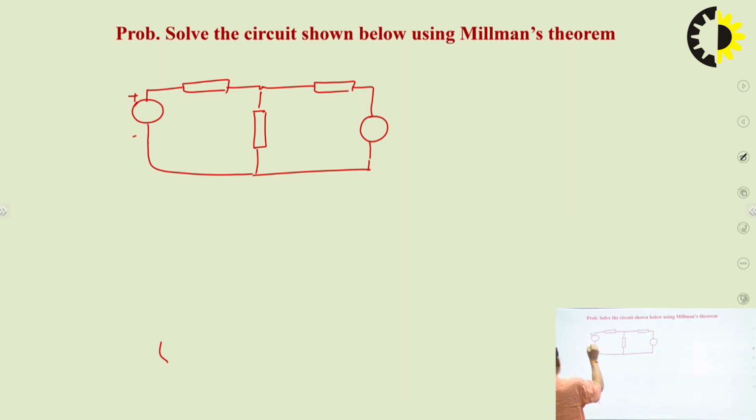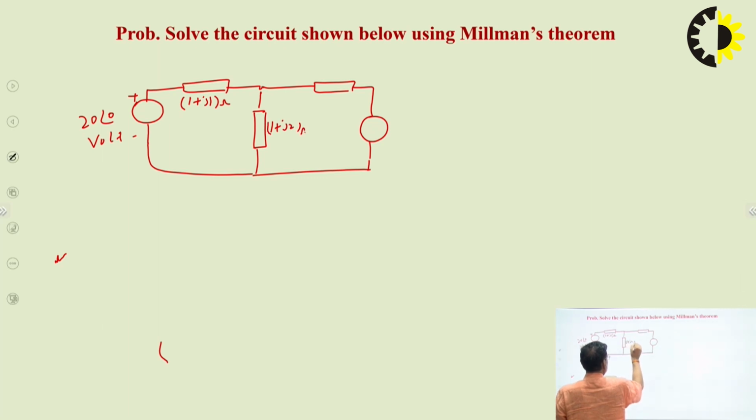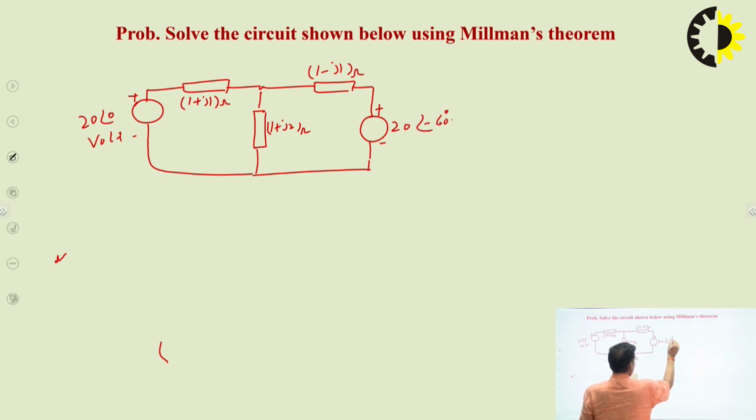So, E1 is given by 20 angle 0 degree volt, and this is 1 plus J1 ohm, and this is 1 plus J2 ohm, and this is 1 minus J1 ohm, and this voltage source is of 20 angle minus 60 degree volt.